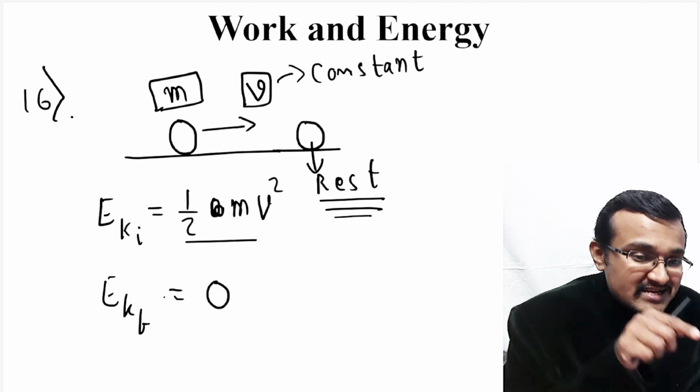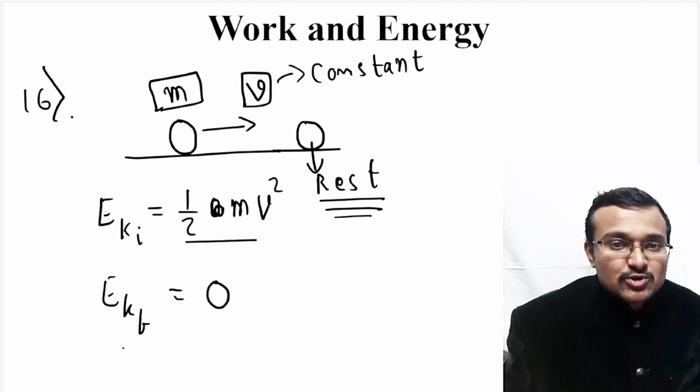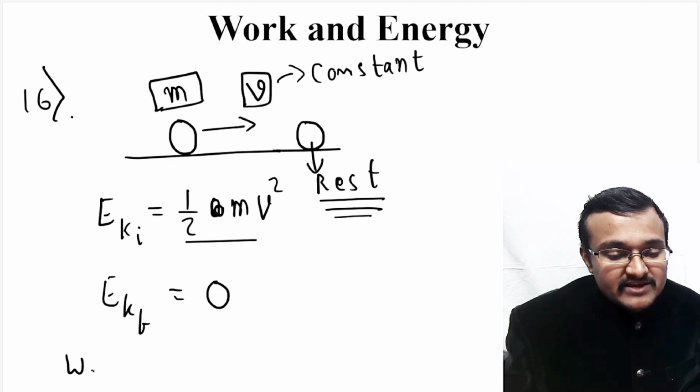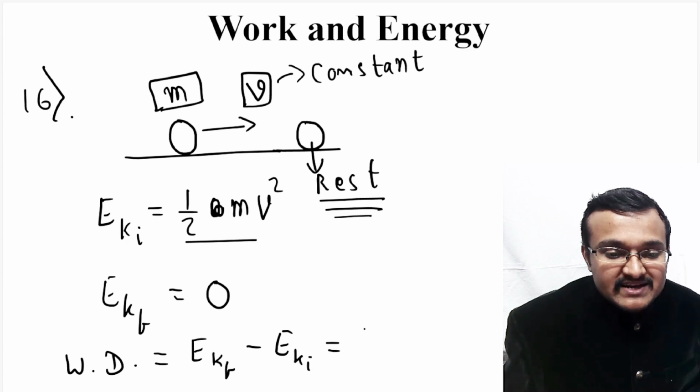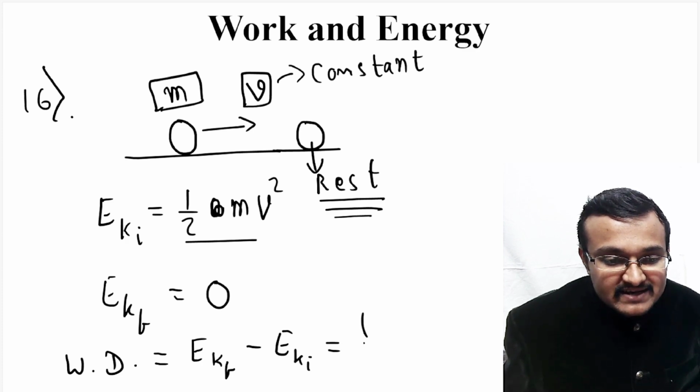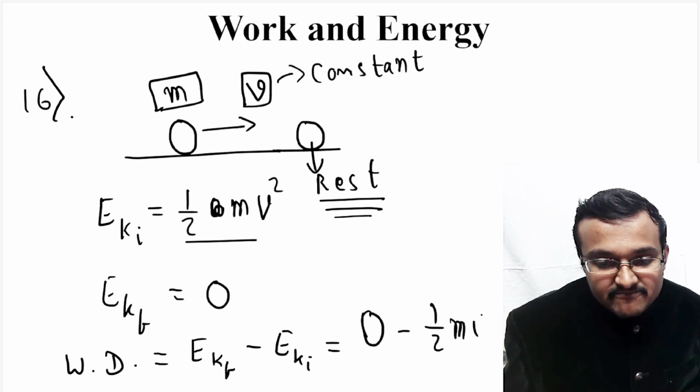So in order to bring this object to rest, how much work has been done? That you have to calculate here, and we know that work done is equal to final kinetic energy minus initial kinetic energy. Final kinetic energy is 0 and initial kinetic energy is half mv square.